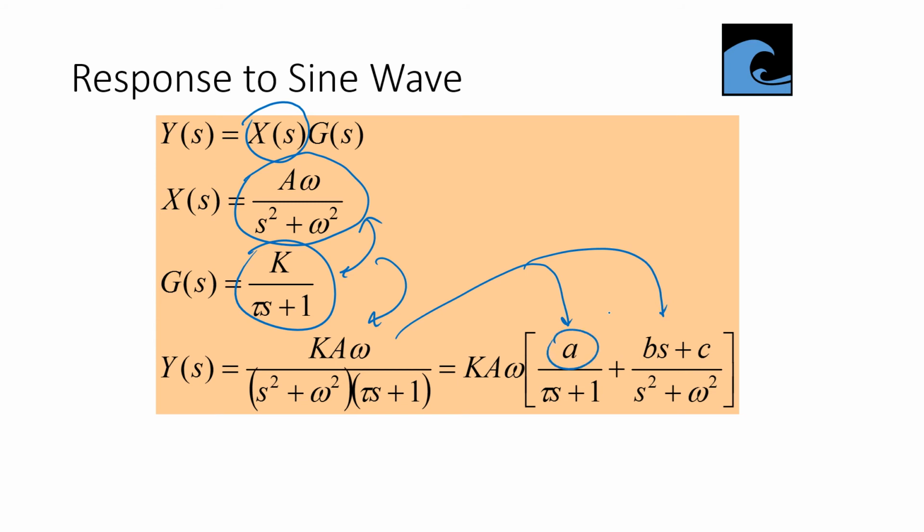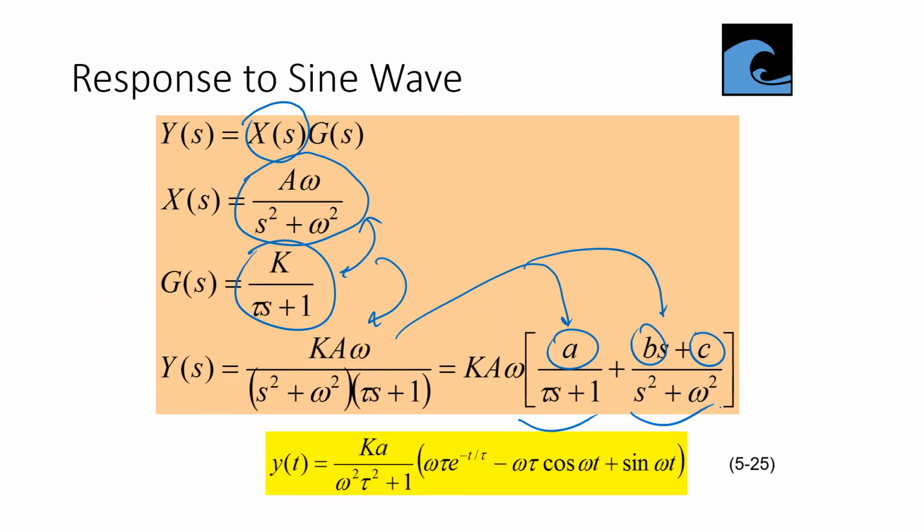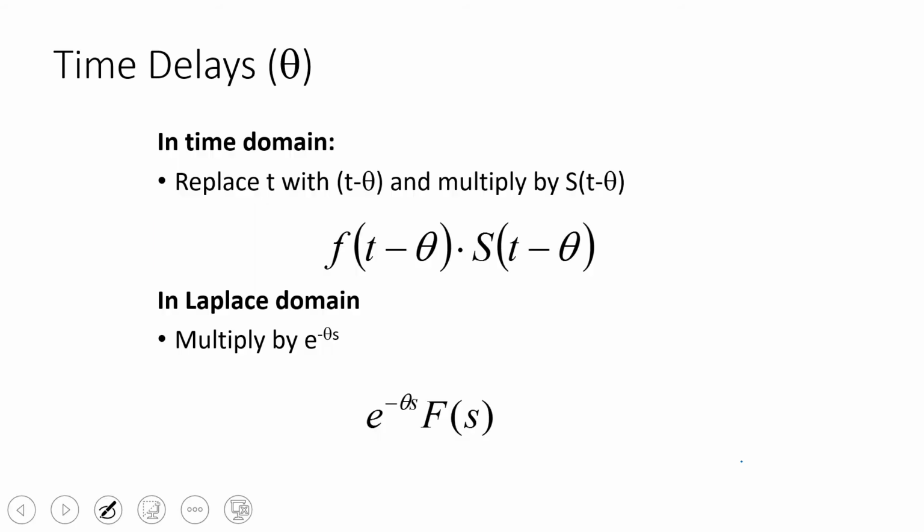So our unknown coefficients are going to be a, b, and c, and then these individual pieces can be transferred back into the time domain with the help of the Laplace tables. Or you can also go to that equation in the book.